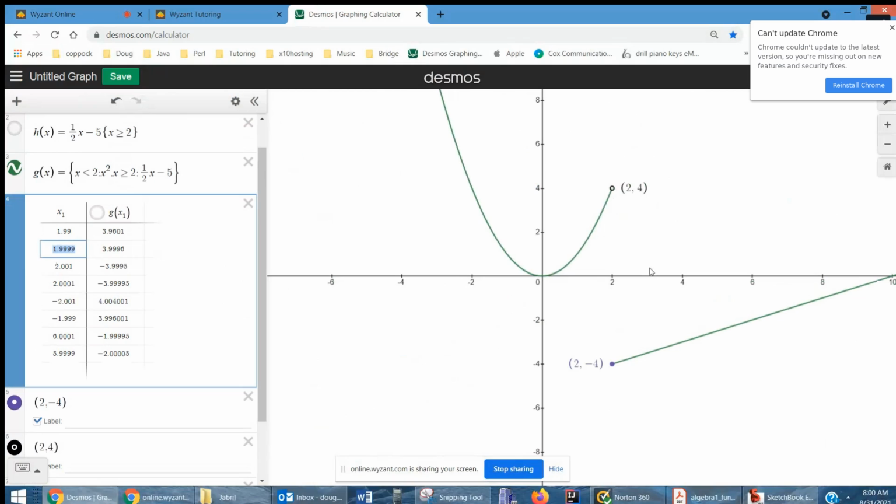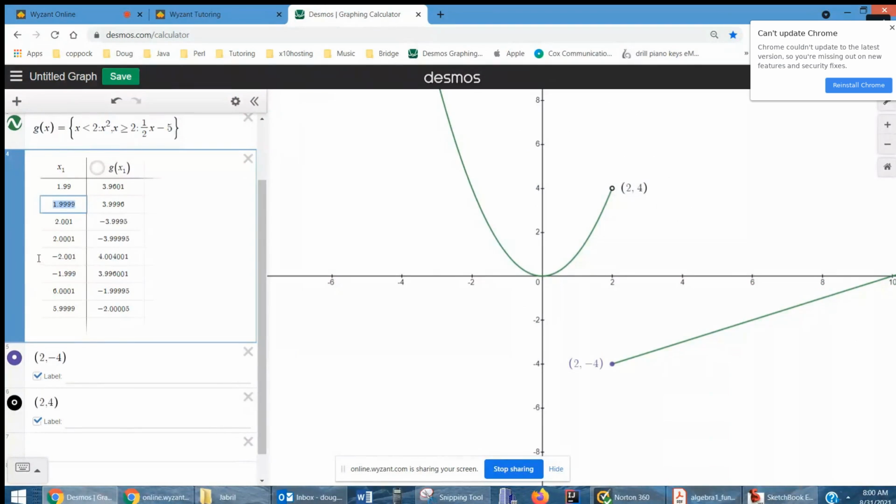That's the whole point of this exercise, is to show that the limit as x approaches 2 does not exist, because the limit from the left does not equal the limit from the right. On the other hand, as x approaches -2, from the left of -2 or from the right of -2, that's this point right here.